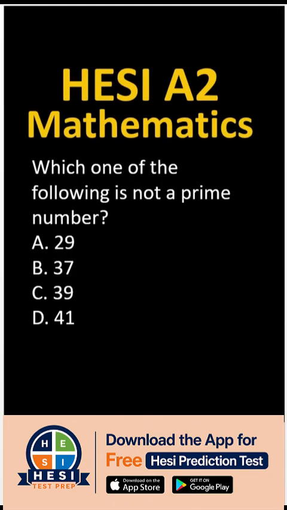So the question asks here, which one of the following is not a prime number? So a prime number is a number which only has two factors, which is itself and 1. So here, 29 is a prime number as it cannot be divided by anything but itself and 1. 37 is also a prime number, but here 39, let us try to divide it by 3.